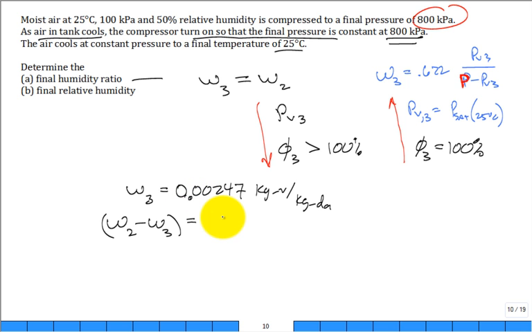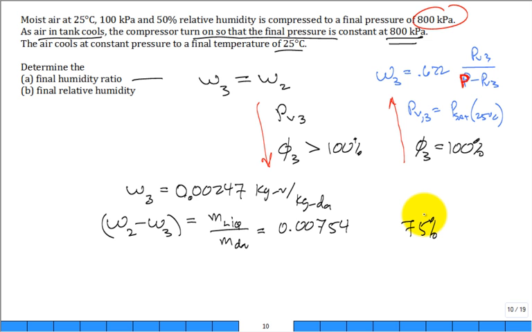That's the mass of vapor that turns to liquid water divided by the mass of dry air, and it's 0.00754 kilograms that turn into liquid per kilogram of dry air. And so essentially about 75% of the water in vapor form that you ingested into the compressor, then boosted the pressure, and then let cool, 75% by mass will condense under these conditions.